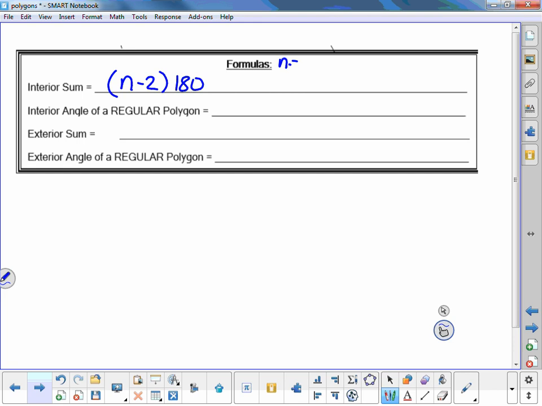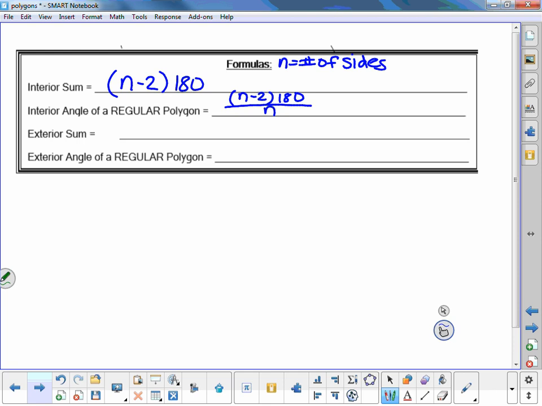N is equal to the number of sides. Okay? If I wanted to find the interior angle of just one angle, then I have to take whatever I find as my sum and divide it by the number of sides I have.